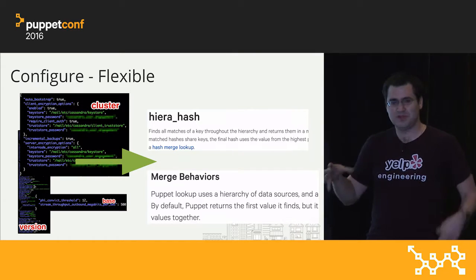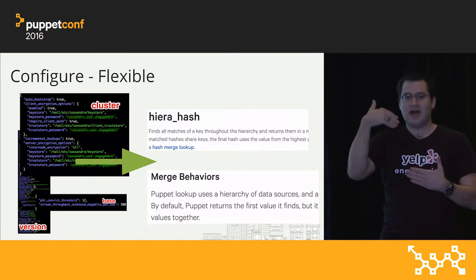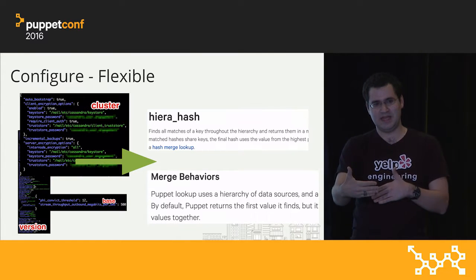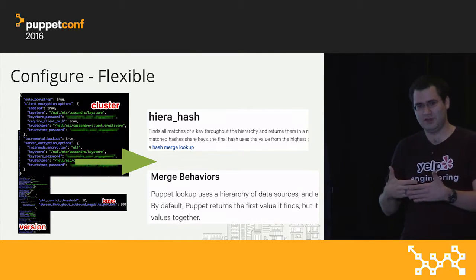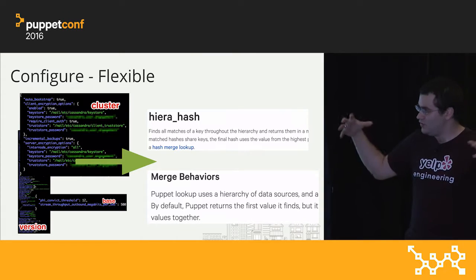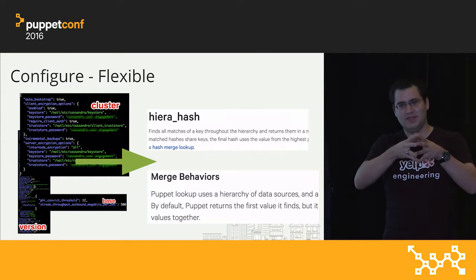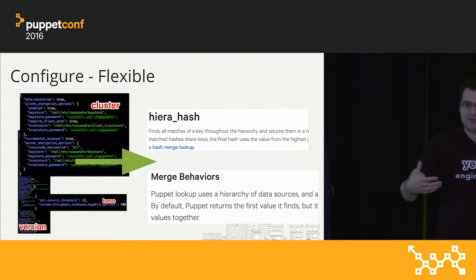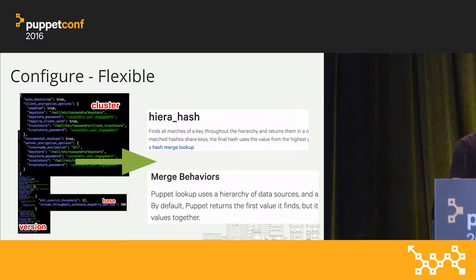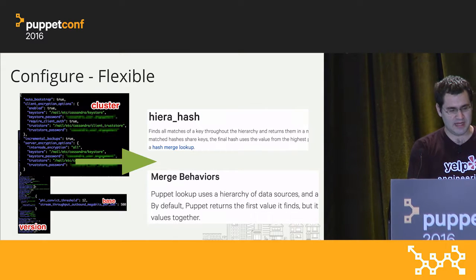All of those different levels get merged into one, with higher levels taking precedence. So if they override something in the cluster.yaml, that takes precedence over that in the version or the default. But you still end up with a hash that contains all of the keys. So after you've called hiera_hash, you have a full hash for Cassandra.yaml.